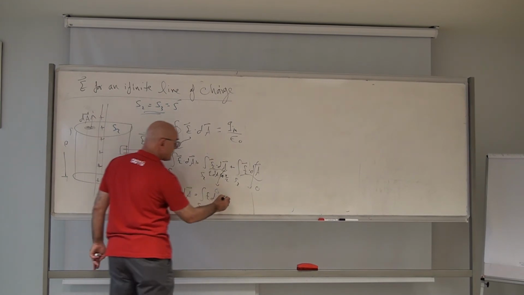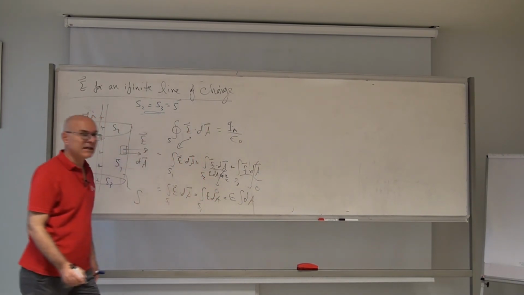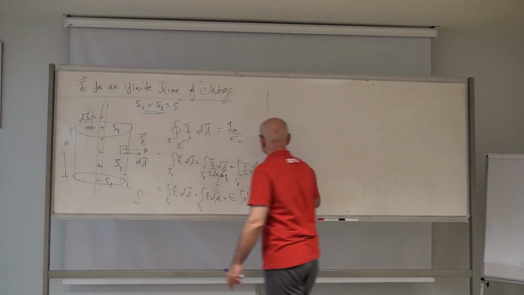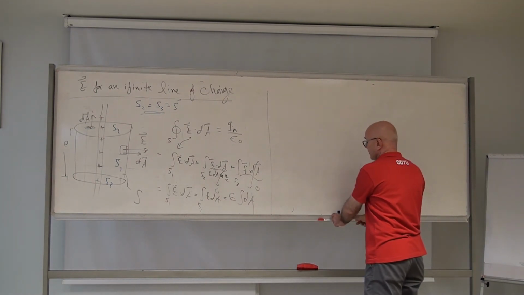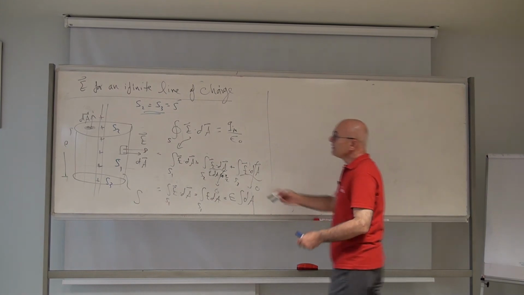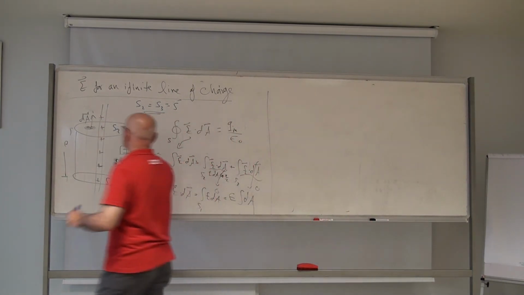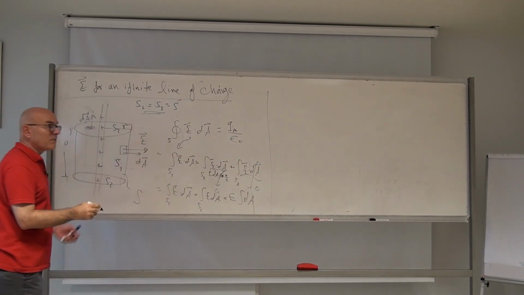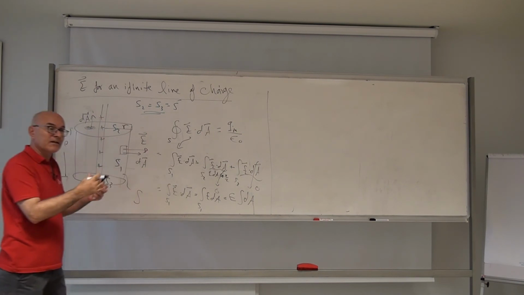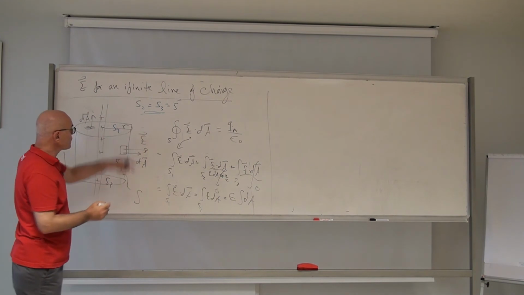E is uniform, so I take it outside, and it becomes E times the integral over dA. And what is dA in this case? dA is nothing but the area of the cylindrical surface. This cylindrical surface, of course, has radius r. Why? Because I want to find the electric field at a distance r, and so the surface should pass through this point, so it has a radius r.